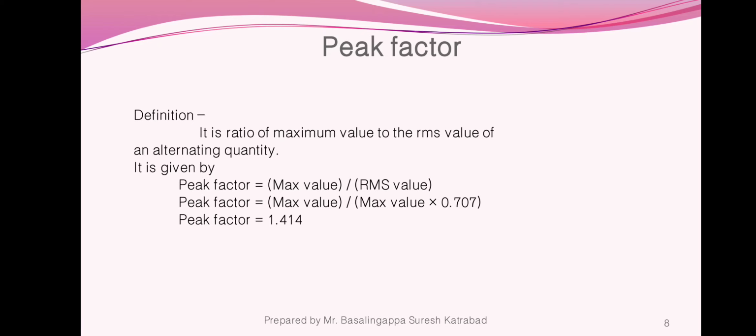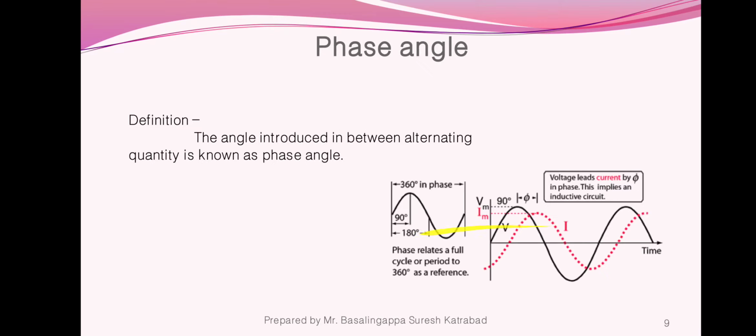So the maximum will get cancelled. 1 upon 0.707 means 1.41. That is the peak factor. So where can we use peak factor? Peak factor is used for designing the maximum voltage level, or in insulation designing. Peak factor means the maximum factor we are deciding. So in insulation level, peak factor is used.